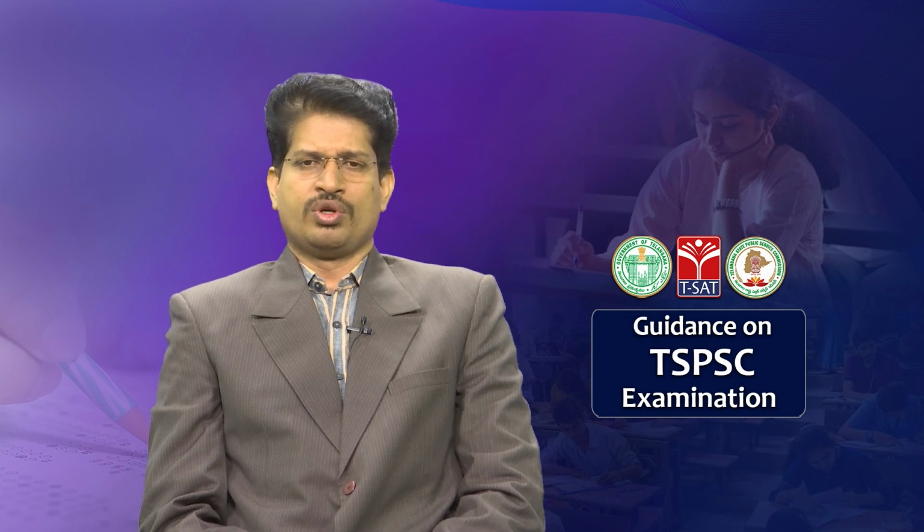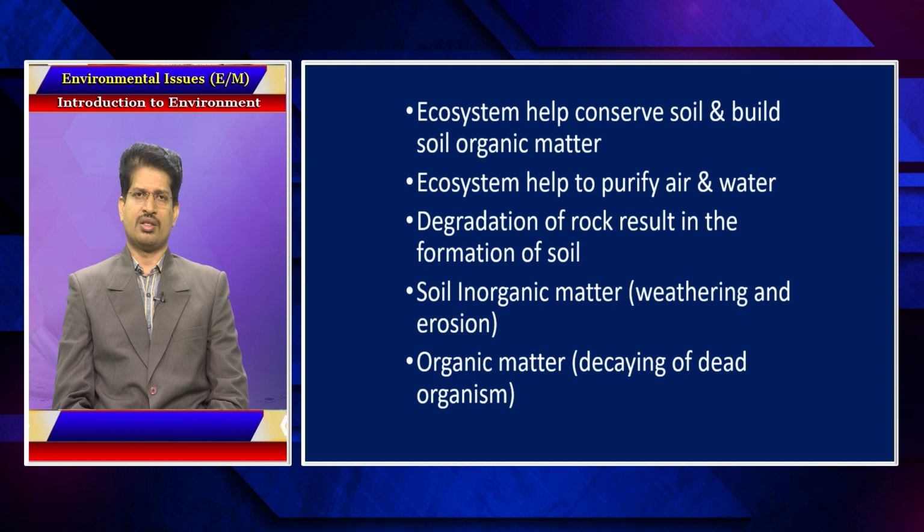Ecosystems help to purify air and water. For example, plants absorb carbon dioxide, so they control the amount of carbon dioxide, reducing pollution. The vegetation in the catchment region of a river basin will prevent weathering and erosion.